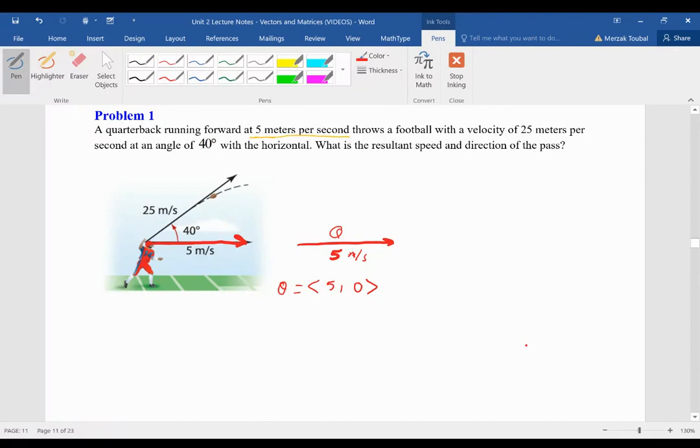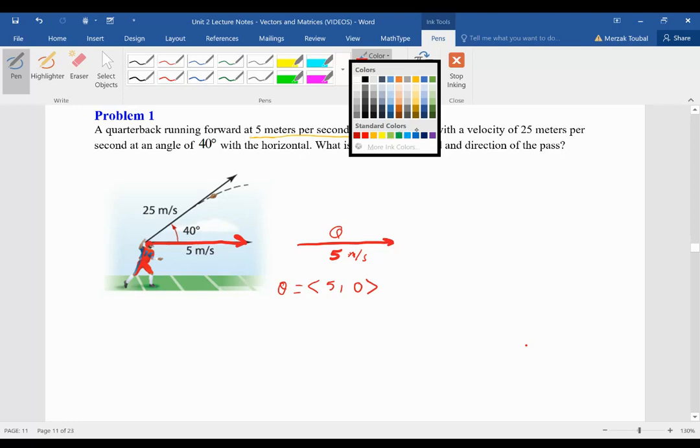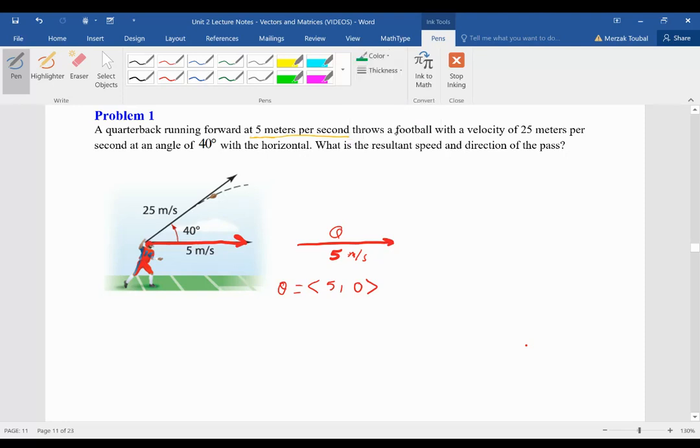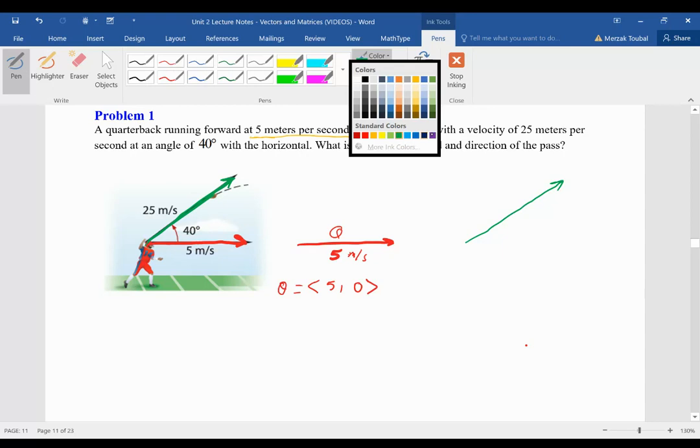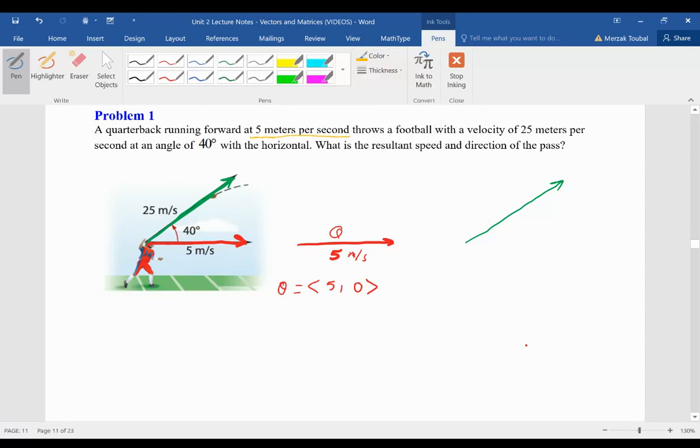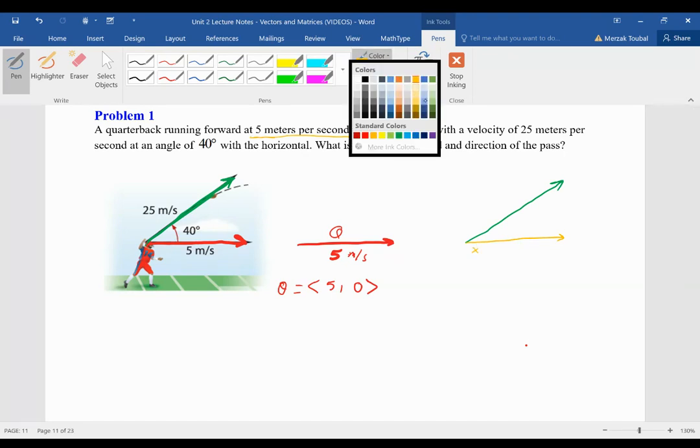Now let's look at the other one. This is the velocity vector of the ball. Okay, so let's draw it over here. Obviously, the velocity vector of the ball has a horizontal component. Let's call it X, and it has a vertical component.